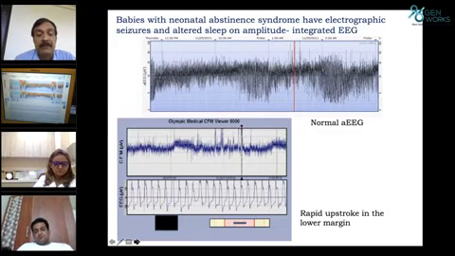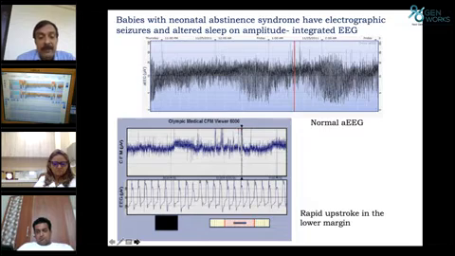Basically, the first pattern given is a normal EEG pattern, which is continuous, and we see a regular sleep wake cycle; the cyclicity is preserved. But in a baby with neonatal abstinence syndrome, classically the first thing is loss of sleep wake cycling.